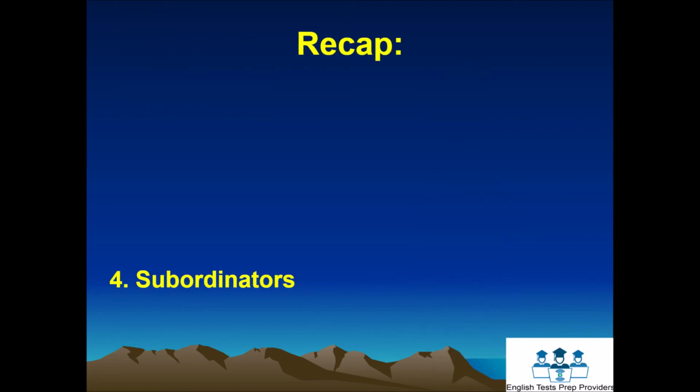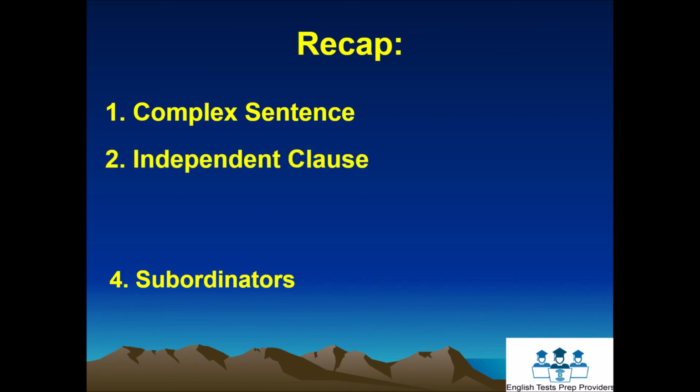So let's recap. We learned about complex sentences. A complex sentence has a dependent clause and an independent clause. An independent clause is a clause that can stand alone or a complete sentence, while a dependent clause is a clause that cannot stand alone and the meaning is incomplete.